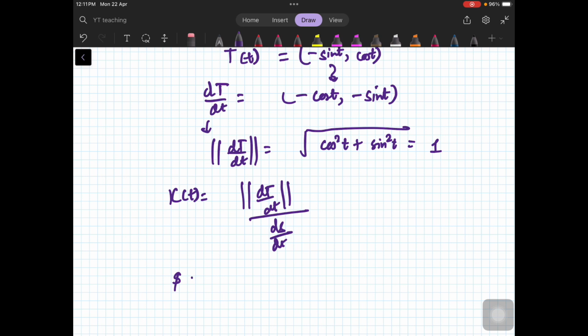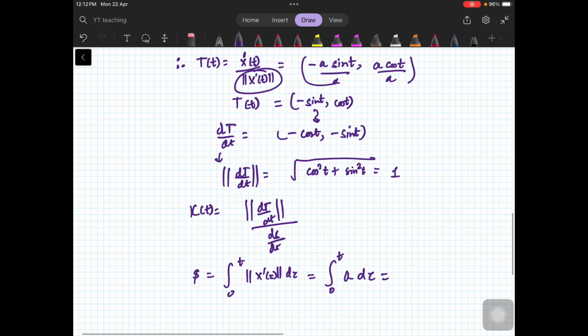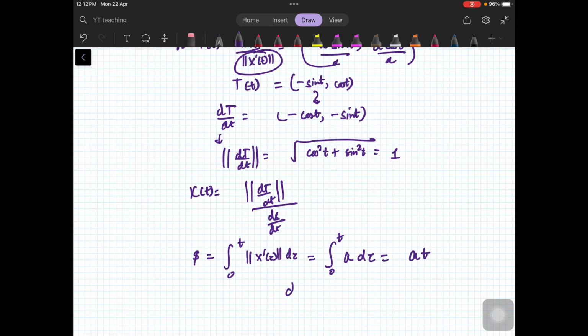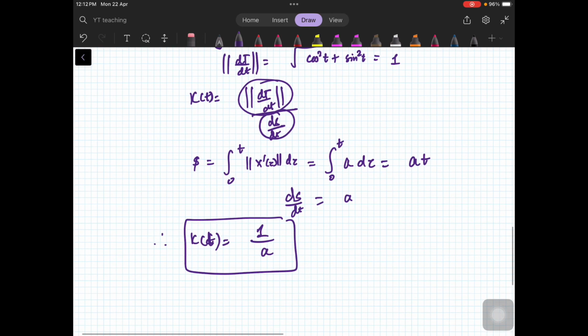So s is the integral from 0 to t of modulus of x prime tau d tau. X prime we just computed is a, so the integral of a d tau gives you at. So your s is at, and ds by dt is a. Therefore kappa is 1 over a. So for a circle of radius a, 1 by a is the curvature. First of all, note that this is constant.